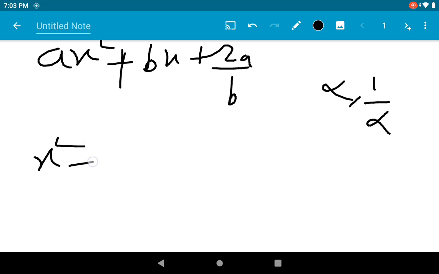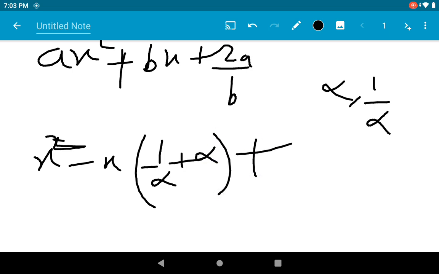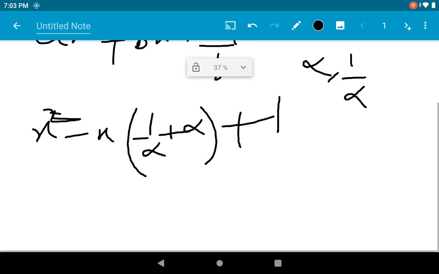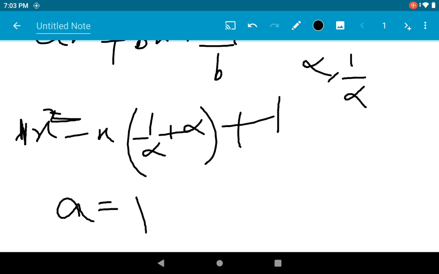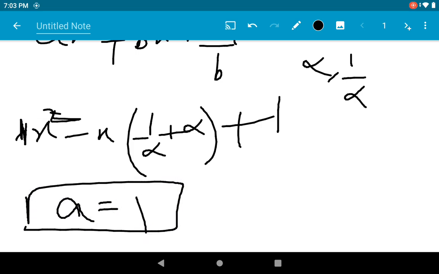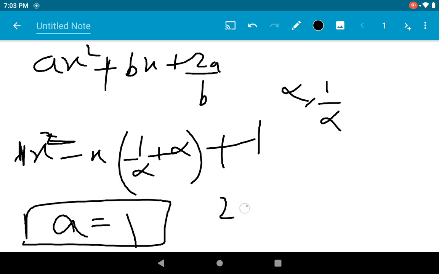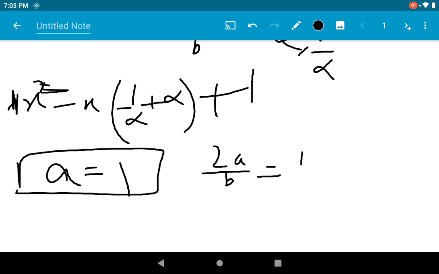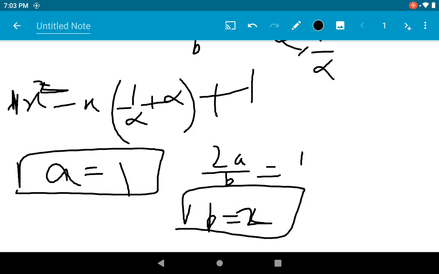So we can write the quadratic equation as x square minus x times (alpha plus beta) plus alpha beta, which is going to be 1. So on comparison, we find that the value of a equals 1 and 2a by b also equals 1. And since a equals 1, b is going to be equal to 2. Next question.